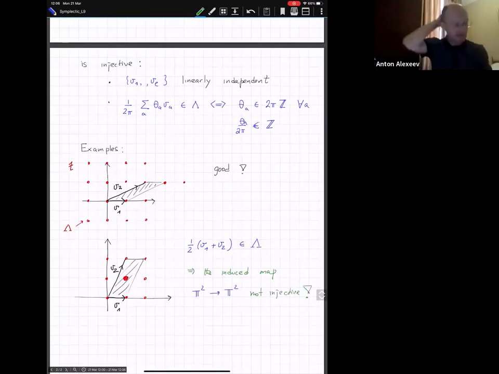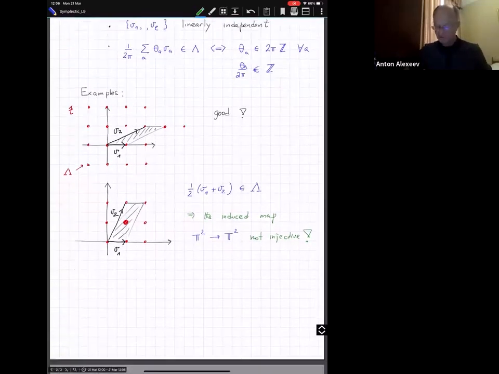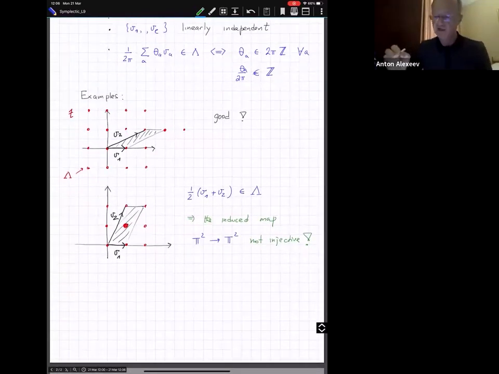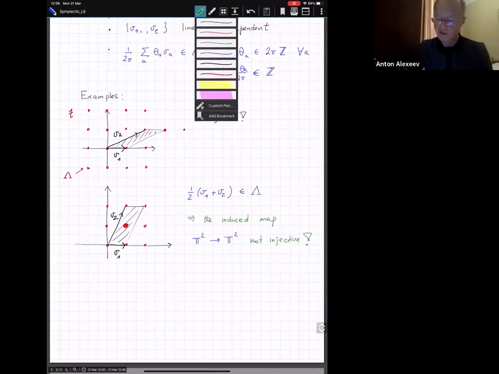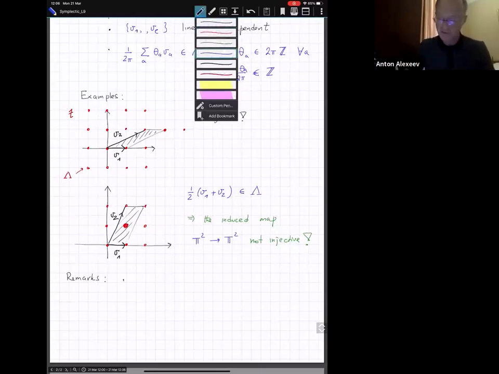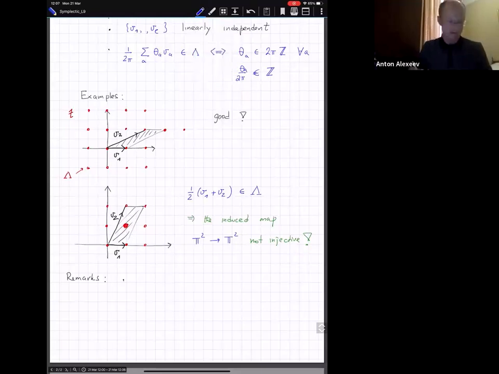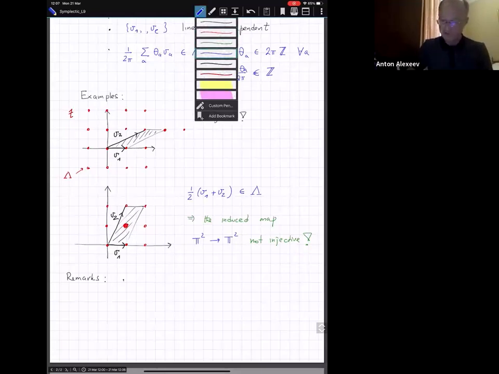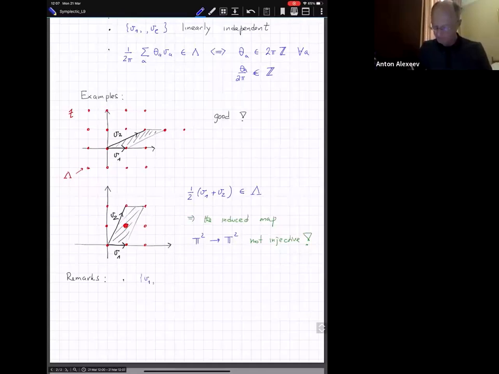Okay. So maybe the last remark on that. We can also reformulate this statement as follows. Of course we want the V1, ..., VL to be linearly independent.